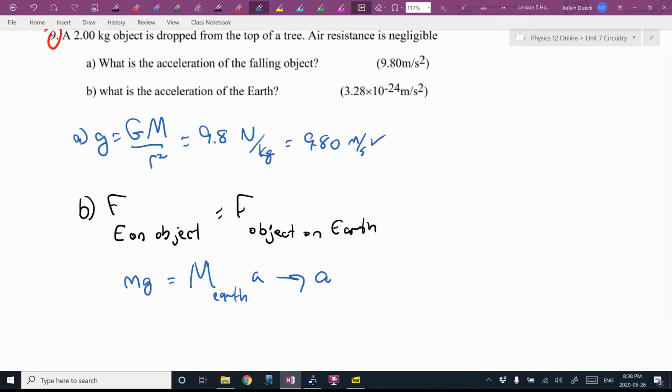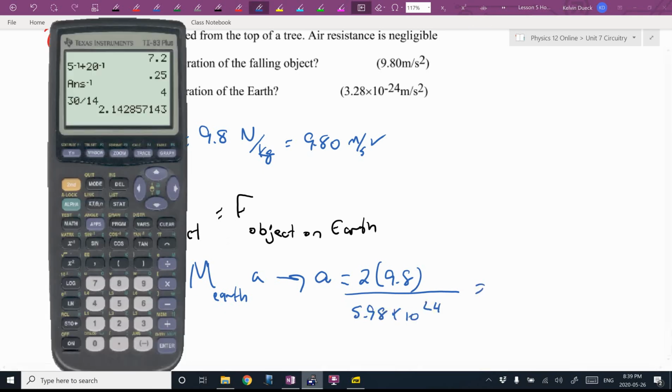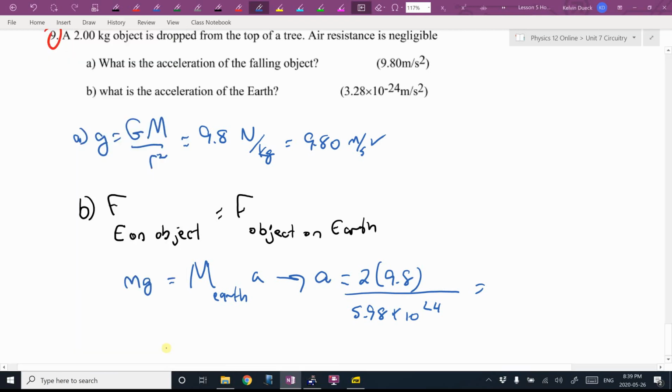It's going to be pretty negligible, but it's going to be little m, 2 times 9.8, divided by mass of the Earth, which is 5.98 times 10 to the 24th, I think. And I get 3.28 times 10 to the negative 24 meters per second squared, which is so negligible you couldn't detect it.